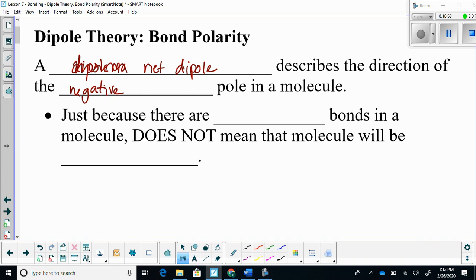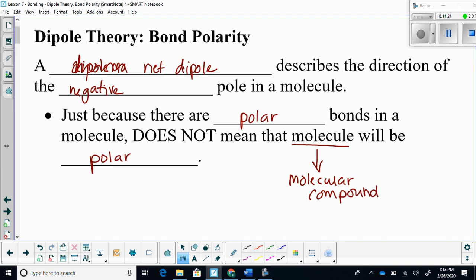Just because there are polar bonds in a molecule does not mean that the molecule will be polar. I want us to understand that whenever I am referring to a molecule, I am talking about a molecular compound. Whenever I'm talking about a molecular compound, it can also be called a molecule.